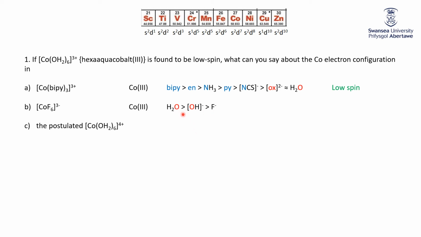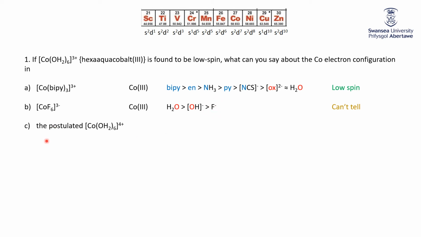Okay, so we know the water makes us low spin, so the water must be a strong enough field to make it low spin. The question is, what's the fluoride in this case? And the answer is you can't tell, right? Fluoride could quite easily also be low spin, because maybe the change between low and high spin comes down here for cobalt 3, or maybe the change from low spin to high spin is between the water and the fluoride, in which case the fluoride complex would be high spin, but you can't tell.